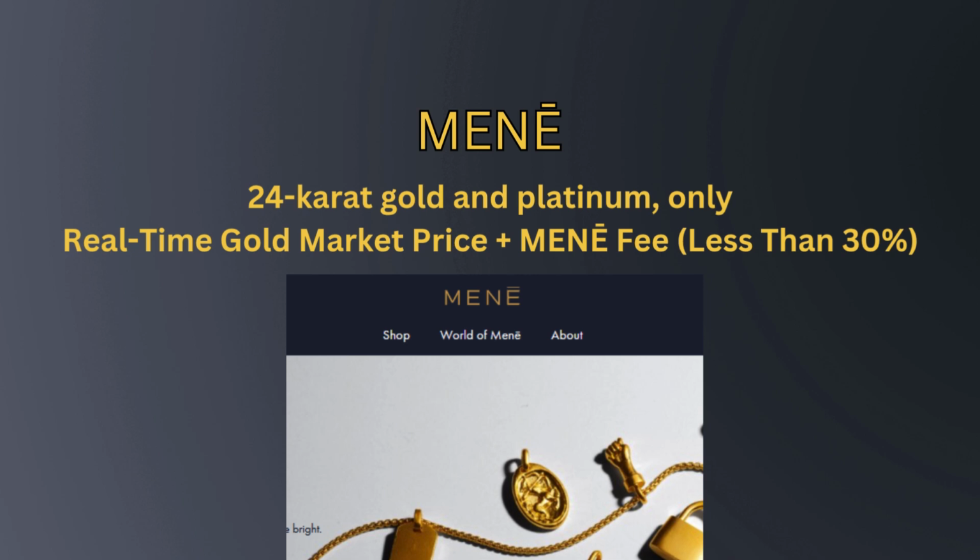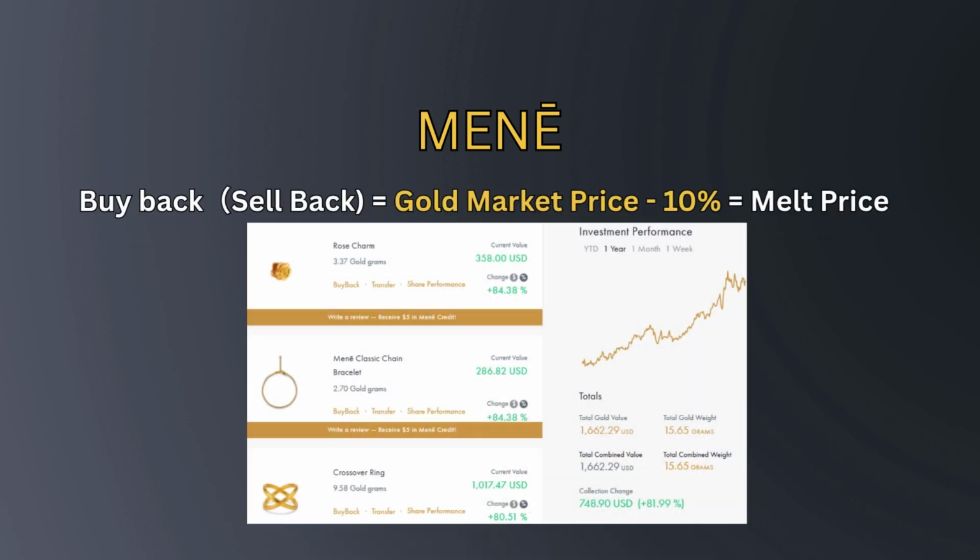Prices are based on the real-time gold market rate, with an added margin called the MENහැ fee, which covers design, craftsmanship, and other costs. This fee is reasonably at less than 30% of the gold price. Additionally, MENහැ offers a buyback service for the jewelry purchased from their site.